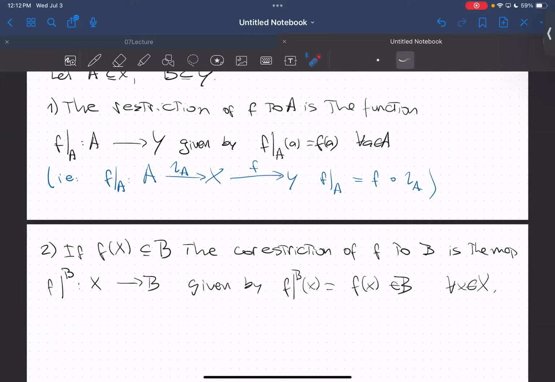Can I interpret the restriction from here? Absolutely, yeah. The restriction case, I'm truncating the domain. And in the co-restriction, I know I don't need all values of y to express my function, and I can just use less. Yep.